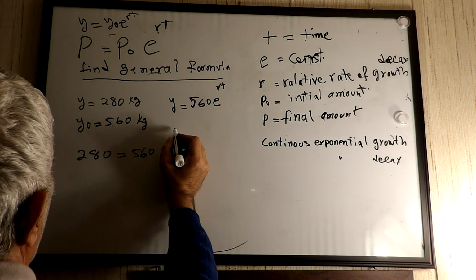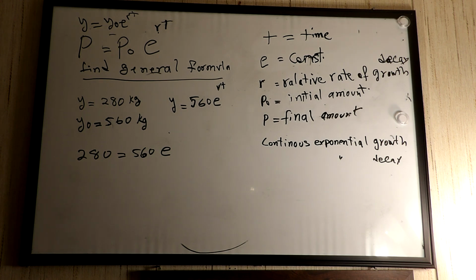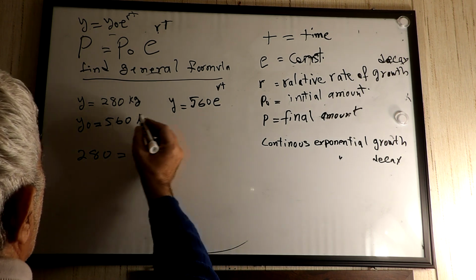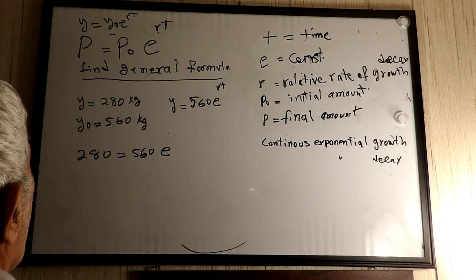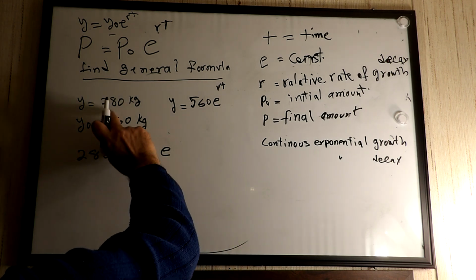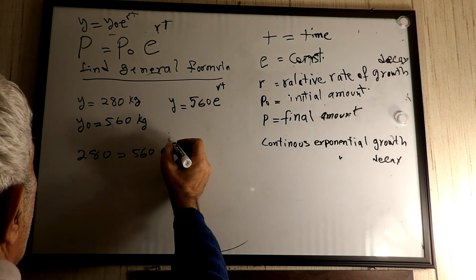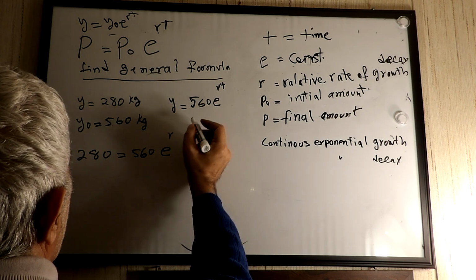E to the power of, see, here we have to say half-life. What is the half-life of a substance? Like we say, I don't know, 4 hours. In 4 hours, 560 kilograms of that is going to decay until it gets to 280. So this one is going to be r times t, the half-life.